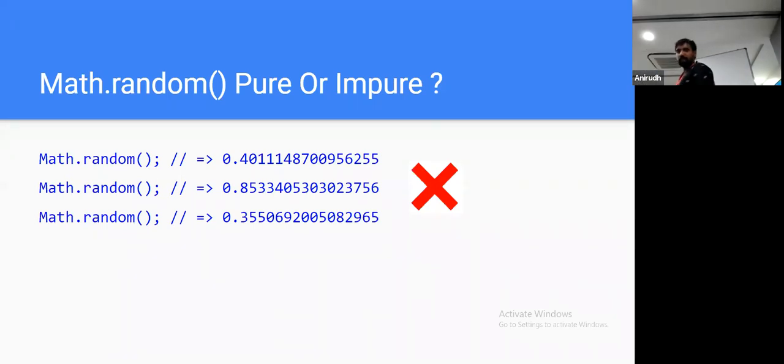Math.random and setTimeout are examples that you shouldn't use if you are writing pure functions. But yes, there are some hacks that you can do to make sure that you are always getting the same data.